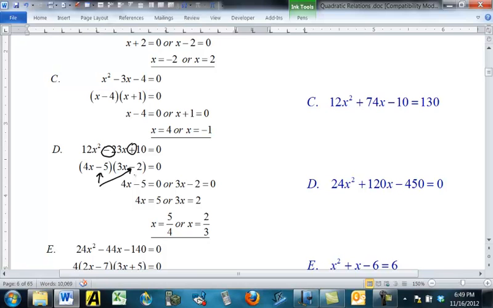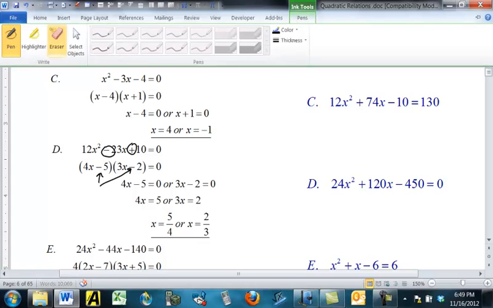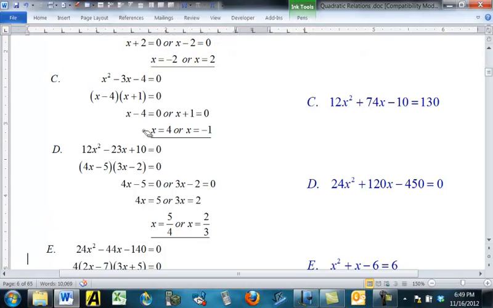Alright, well, which one works? The one that I have here does. 4x, so let's check it out. 4x times 3x, that's the 12x squared. Negative 5 times negative 2 is positive 10. That's negative 15x. That's negative 8x. That adds up to negative 23x.